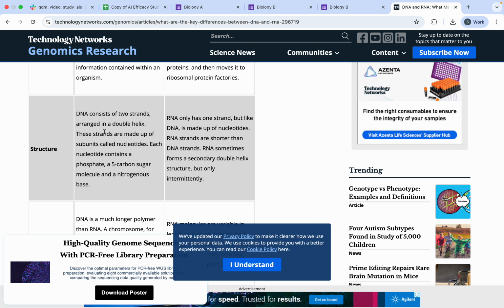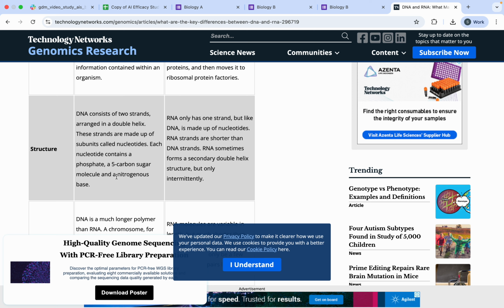These strands are made up of subunits called nucleotides. Each nucleotide contains a phosphate, a 5 carbon sugar molecule, and a nitrogenous base. So it mainly consists of phosphate, nitrogenous base, and a 5 carbon sugar molecule.